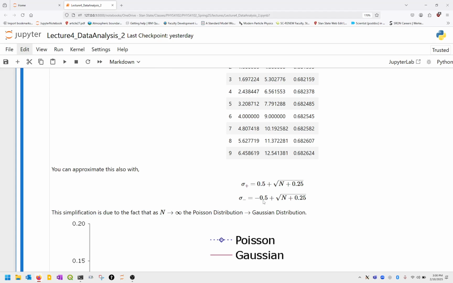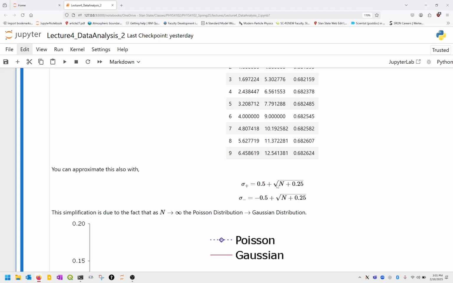The negative side, which is going to be the left-hand side, the lower end, is the minus sign version of it instead. This rule simplifies greatly if n goes to infinity. If you take the limit of this function, sigma plus is a function of n, as it goes to infinity, the only thing that determines it is the square root of infinity plus 0.25.